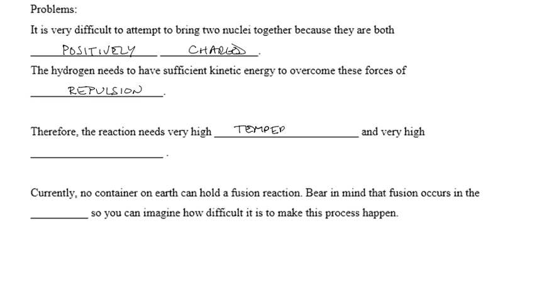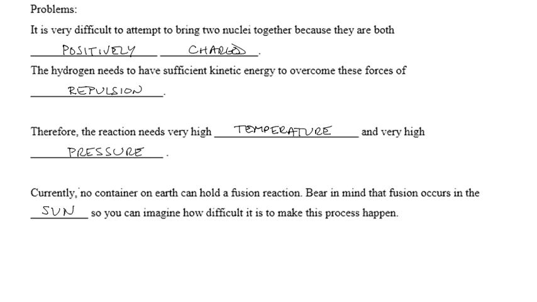Remember, temperature is kinetic energy. So enough energy to cause the particles to come together, and very high pressure to also try and squeeze these particles together. Currently, our issue is no container on Earth can hold a fusion reaction. Bear in mind that a fusion occurs in the sun. So you can imagine how difficult it is to get this process to occur.